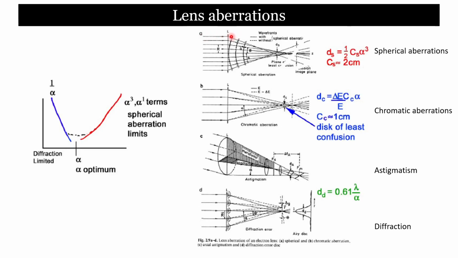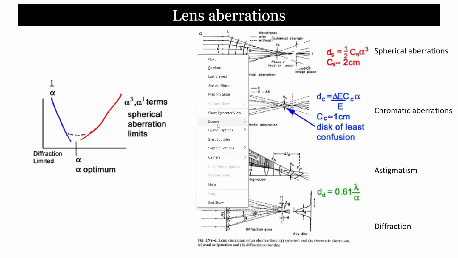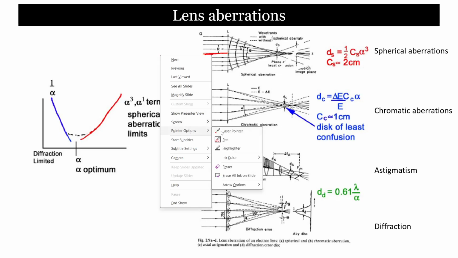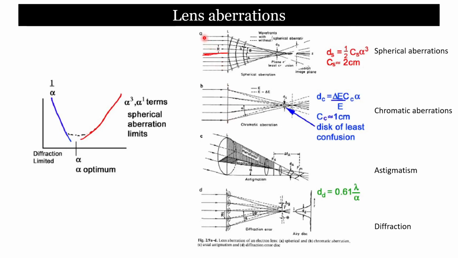If this is your optic axis, the marked red one, the rays which are far away from the optic axis converge at a certain point, and the rays very near to the optic axis focus at another point. The plane in between the two focused points is the plane of least confusion.